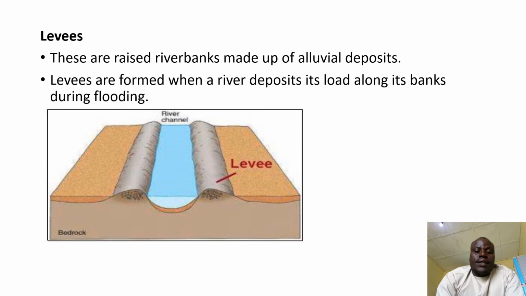We have levees. These are raised river banks made up of alluvial deposits. They are formed when a river deposits its load along its banks during flooding. So if you check here properly, this is the original river flowing.